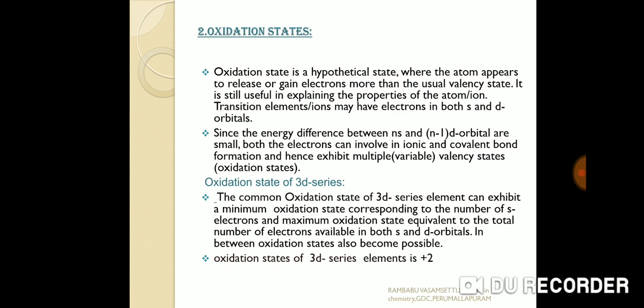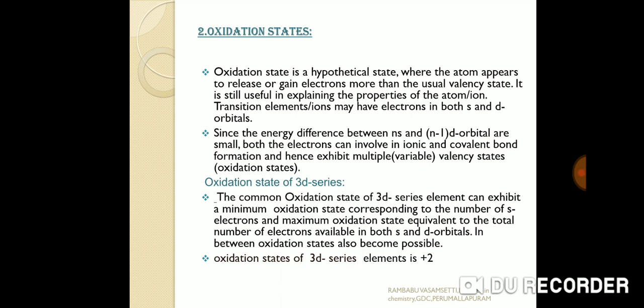Now the oxidation states. They can show variable oxidation states because they can show two or more oxidation states. In the majority of transition elements, the energy difference between the (n-1)d orbital and the ns orbital is very low. As a result, the ns electrons and the (n-1)d electrons participate in bond formation, so they can show more oxidation states.